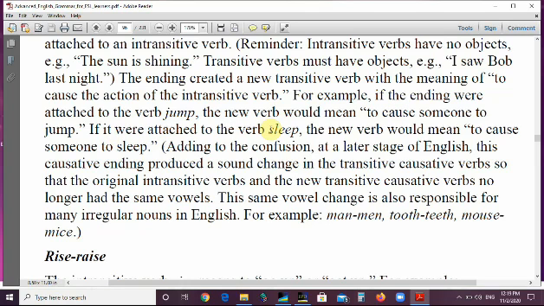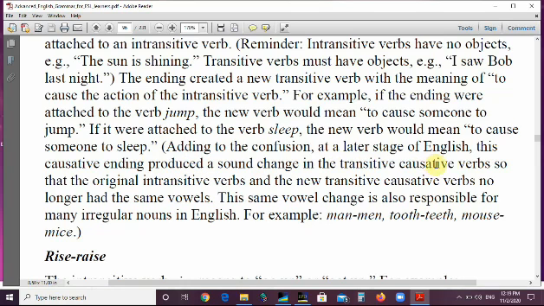If it were attached to the verb sleep, the new verb would mean to cause someone to sleep. So they used to add some letters to the end of the verb sleep to give a new meaning.